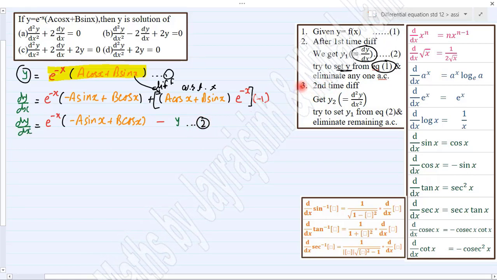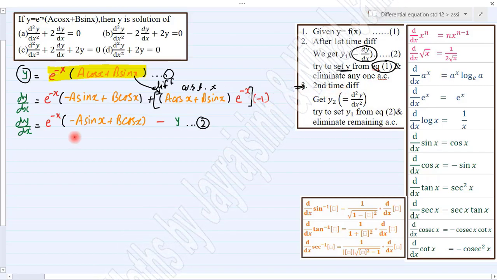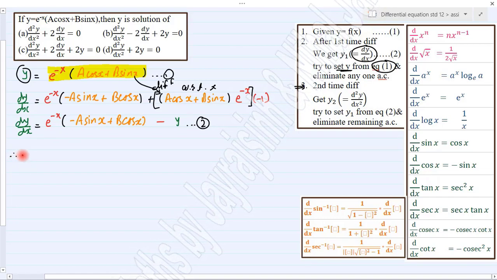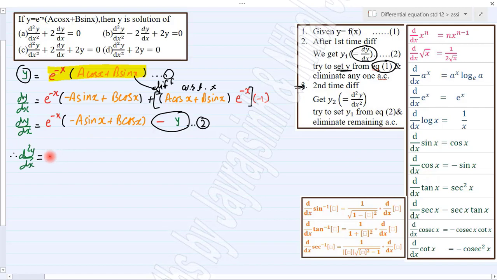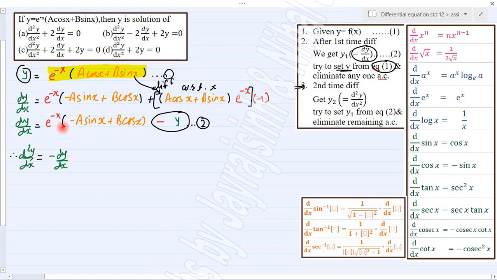Now, let's move to the third step, in which we have to again differentiate our equation. On the left hand side, we will get d square y by dx square, and differentiation of minus y will be minus dy by dx. To differentiate the first term, we have to apply the multiplication rule.